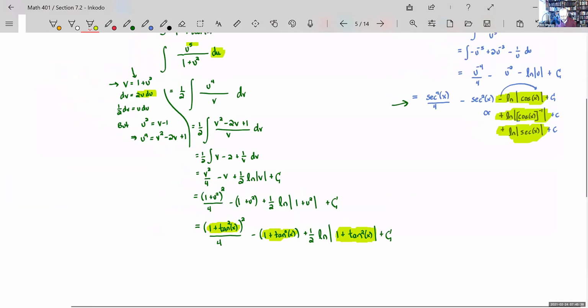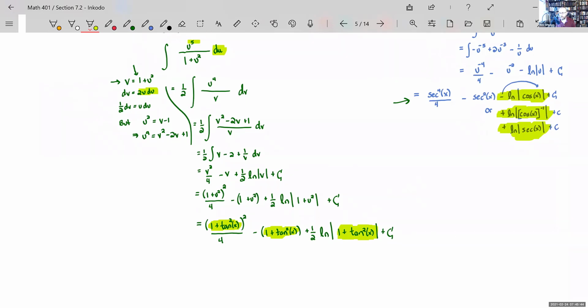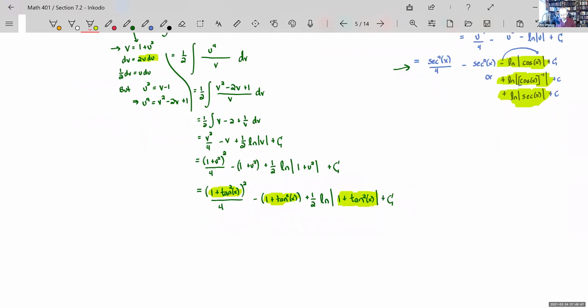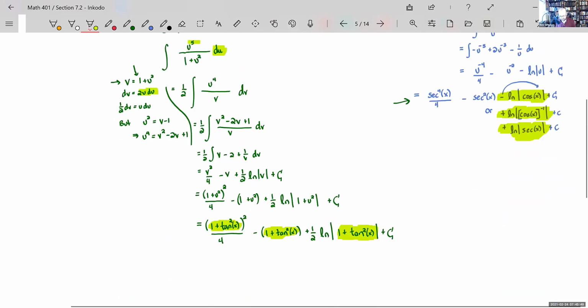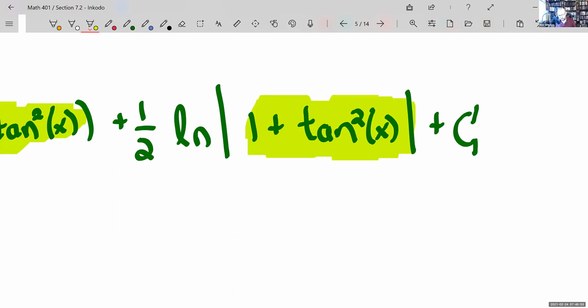So interesting little things to note here. And by the way, I would keep the absolute values on that natural log. Let me finish that statement. I would keep the absolute value on this logarithm, even though if you look at this, you're going to say, well, it's 1 plus something squared, so that'll never be negative, so I can remove the absolute values.